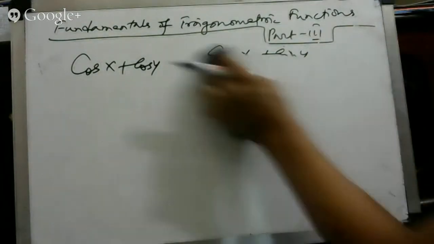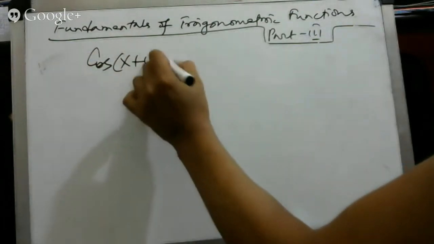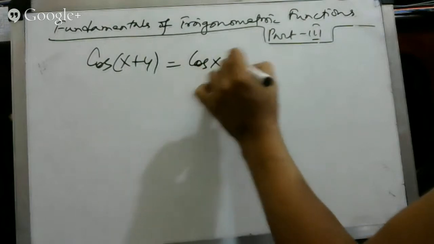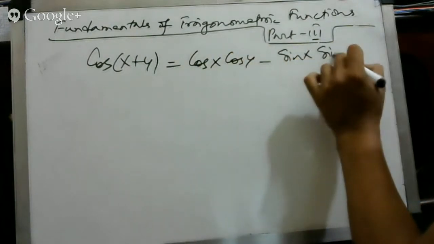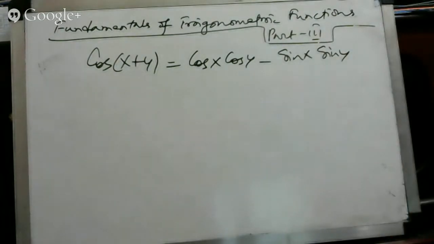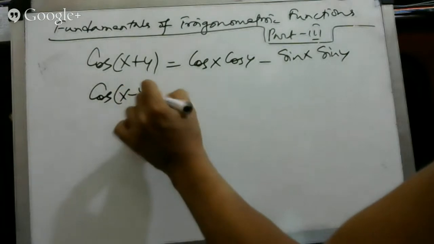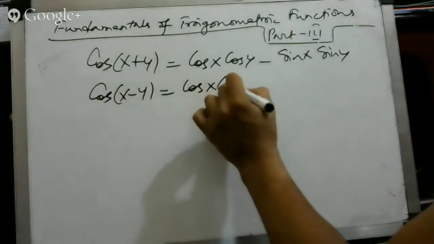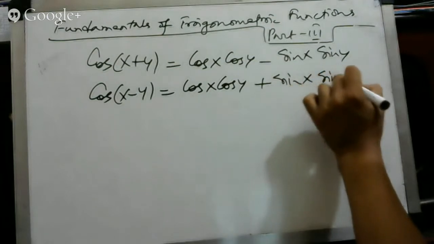Let's do cos of x plus y. We know it is cos a cos b minus sine a sine b, and then we know cos of x minus y is equal to cos x cos y plus sin x sin y.